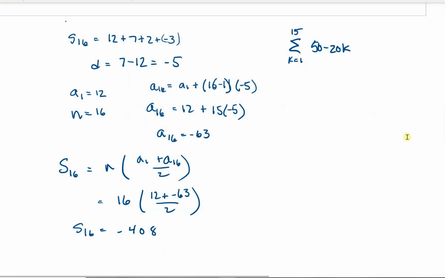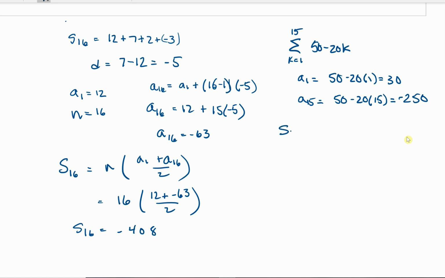Okay, so I'm going to find a1. 50 minus 20 times 1 is 30. a15, 50 minus 20 times 15, that's going to be a small number. 50 minus 20 times 15 is negative 250.